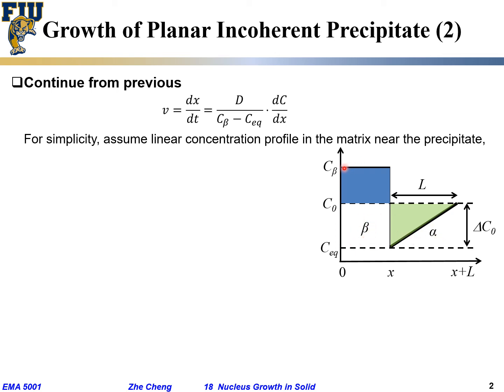Within the beta phase, we have a constant concentration of C beta, but then within the alpha phase on the left, we, for simplicity, assume, as we mentioned, linear concentration profile. Right at the interface, it's CEQ for equilibrium concentration, while deep within the matrix is C0, or the host system original concentration, and is following a linear profile, which means the concentration changes linearly with respect to location.